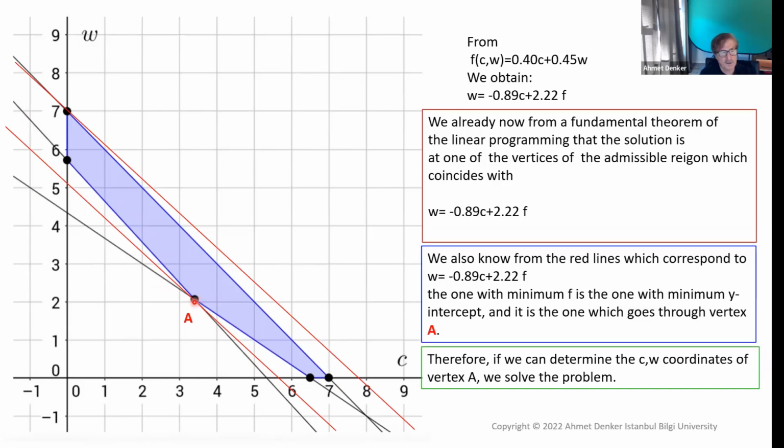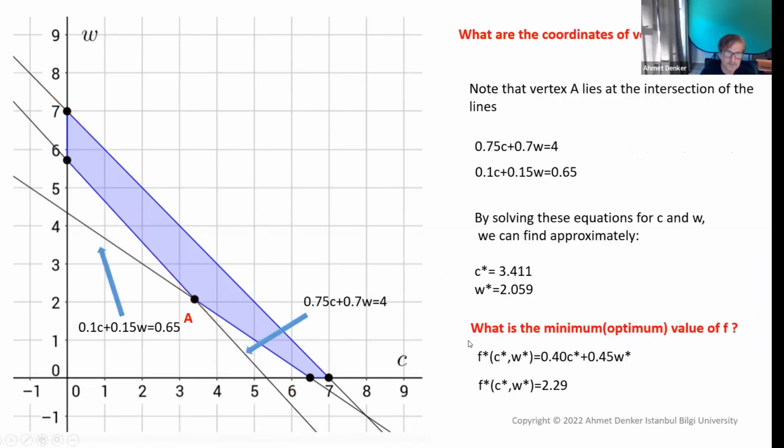So again, it gives me two equations for two unknowns, and I solve. So these lines are given by these two equations.